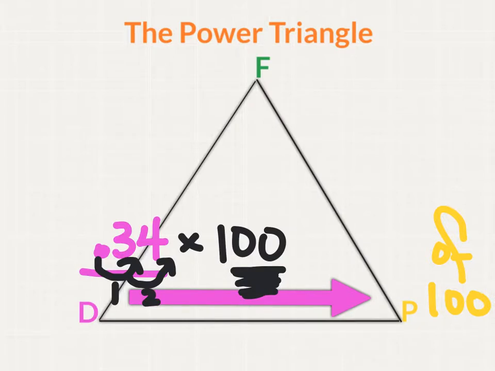So there are 2 zeros in the number 100. So if I move my decimal 2 times to the right, 1 time for each 0, now 0.34 or 34 hundredths has become 34%. So 0.34 or 34 hundredths is equivalent, or the same value, as 34%.